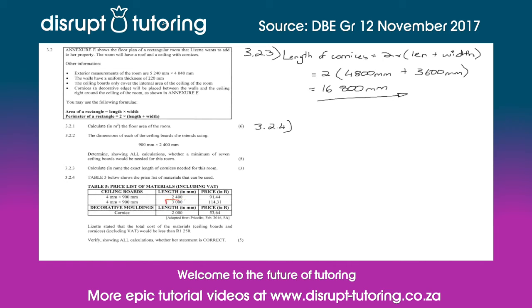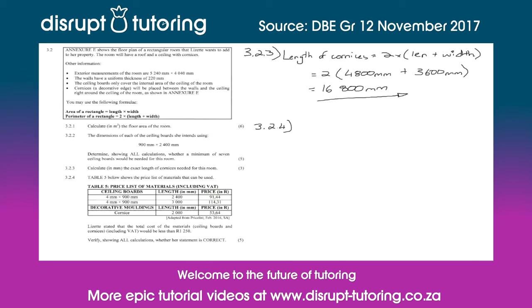They've also given us one for the 3,000, but remember the ceiling boards that we calculated in this question was 900 by 2,400. So this is the measurements we're going to use. So we'll use this price over here for our ceiling boards. And if you remember, we calculated that she's going to need 8 ceiling boards. So we know that it's going to be 8 times this price.